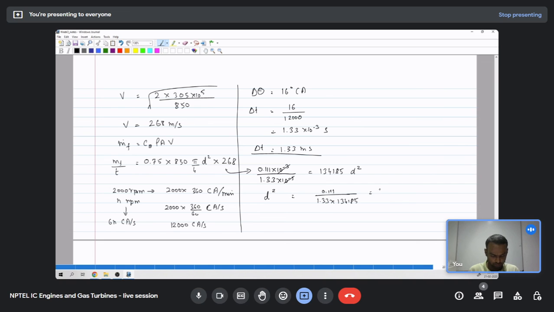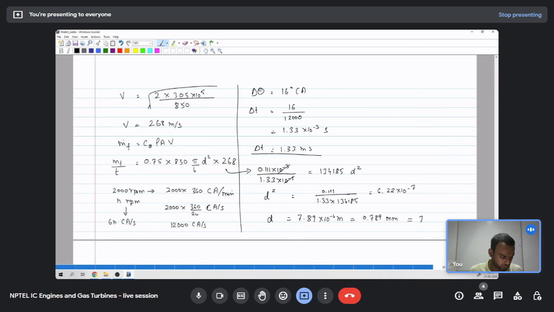This is 6.22 into 10 power minus 7, or taking the square root of it, I have 7.89 into 10 power minus 4 meters. So this is 0.789 mm, right?